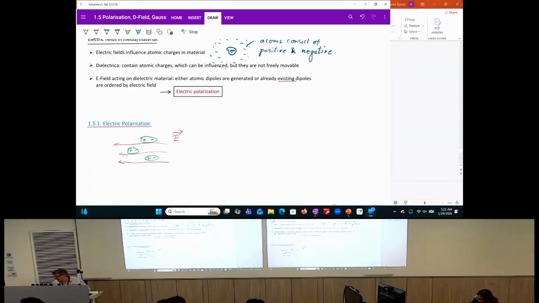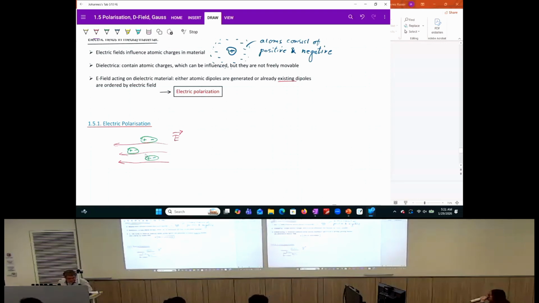They might have been oriented arbitrarily, but once the electric field is present, they will align in accordance with the electric field. So the minus will tilt to the right, and the plus will tilt to the left, so that these are oriented.